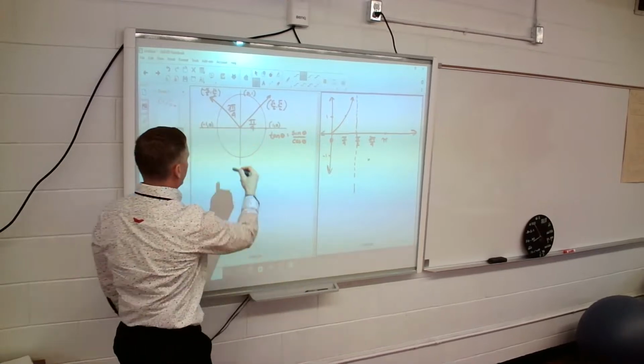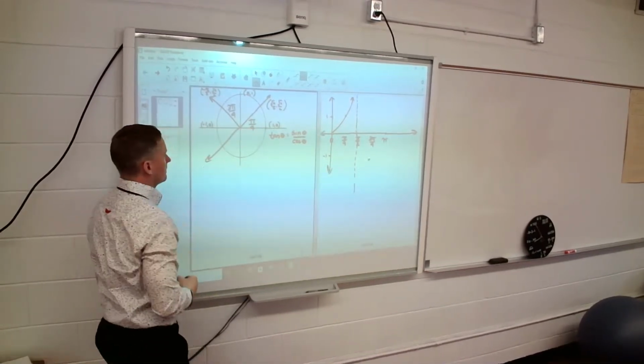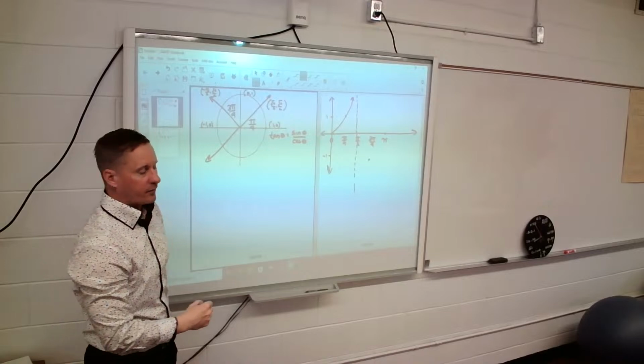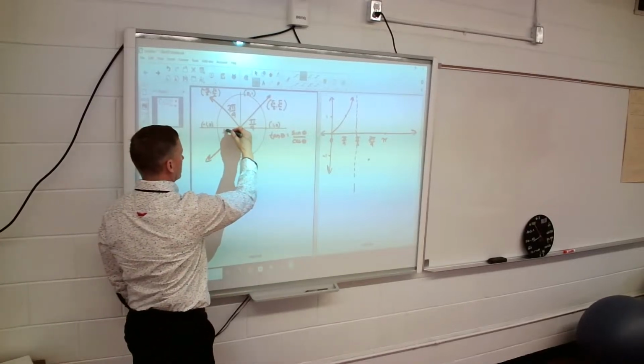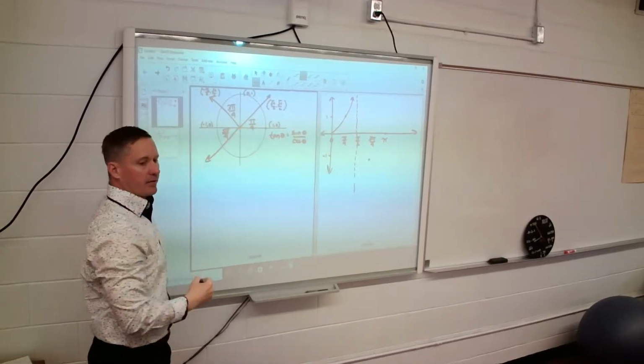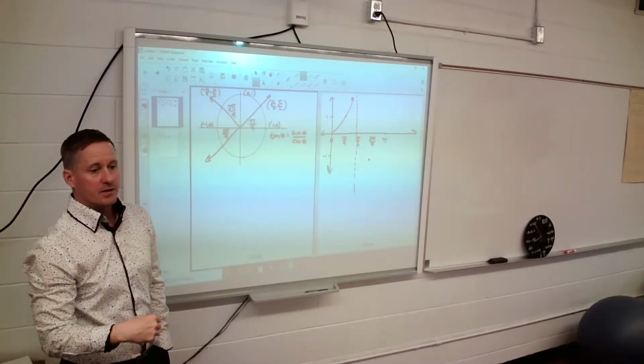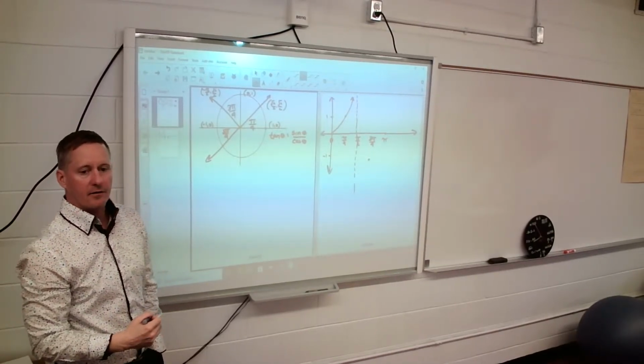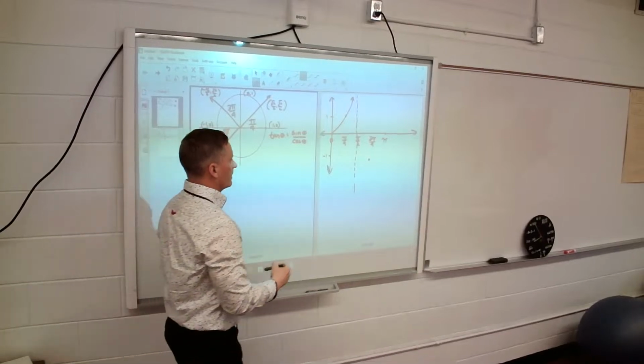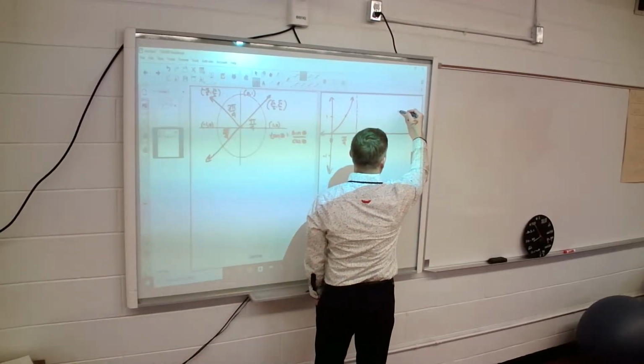If I go down to 5 pi over 4, what's the value of the tan graph now? 1. So now it goes to right here.